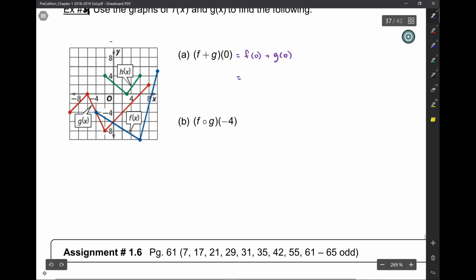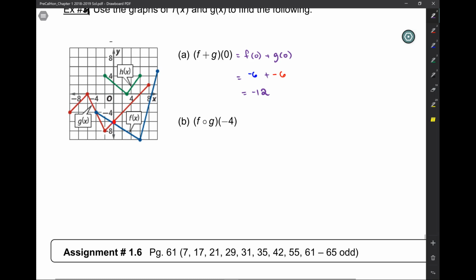So, you look at f of 0, that's the blue, right? What's f of 0? Here, negative 6. Plus, look at g of 0. What's g of 0? About negative 6.2. It's also negative 6. We're going to estimate. So that's going to be negative 12. Okay? That's it. So it's just like a puzzle.